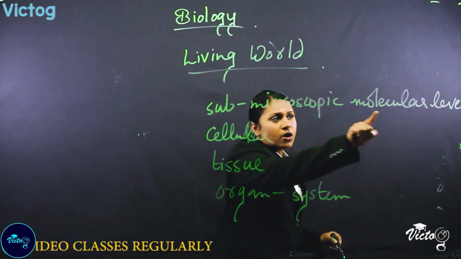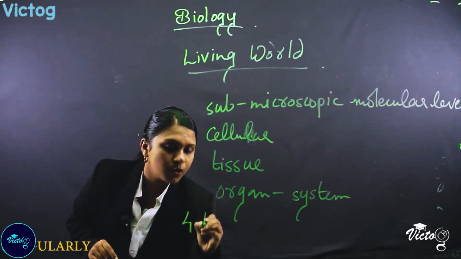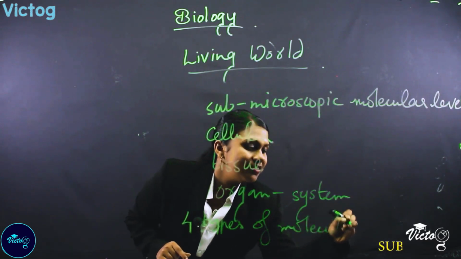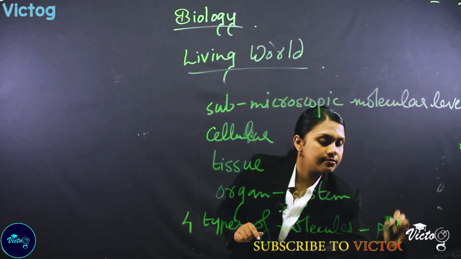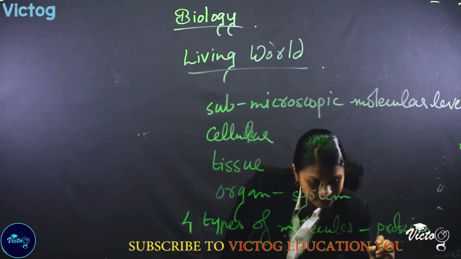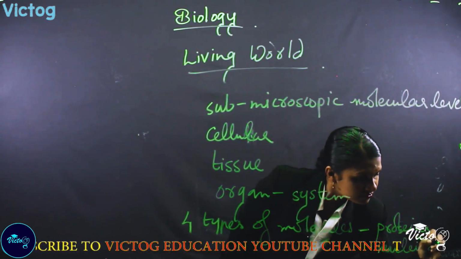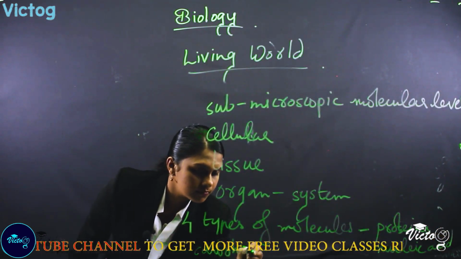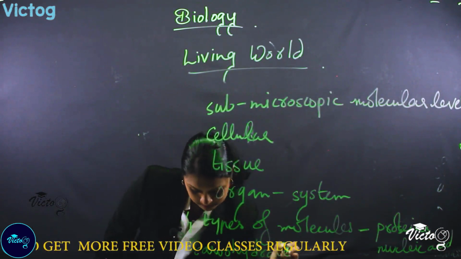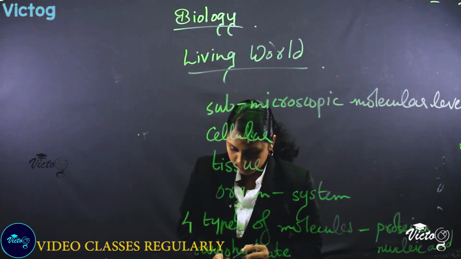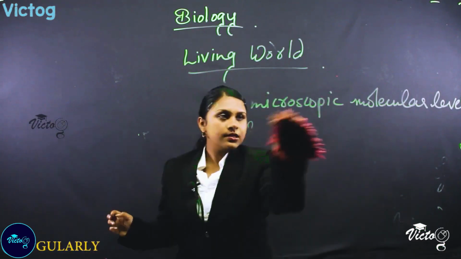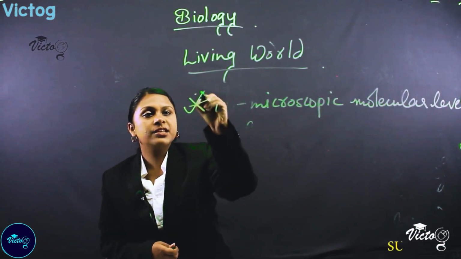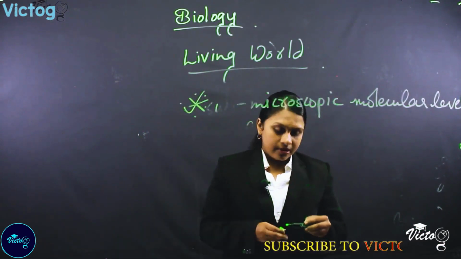This type of organization includes 4 types of molecules that you know: proteins, nucleic acid, carbohydrate, and lipids. This submicroscopic molecular level is very important because it is a previous PMT question. So don't forget to learn it.